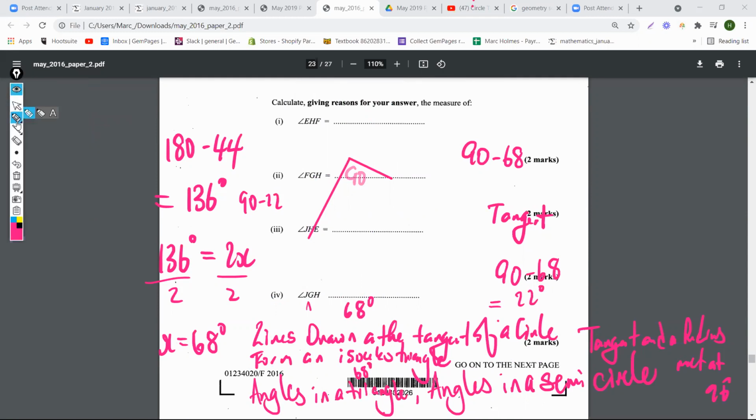So the first one, EHF, is 68 degrees. Then the next one is also 68 degrees. FGH is also 68 degrees. And then the next one they ask us, JHE, this is 90 degrees for sure still. It's so obvious that it's 90 degrees.